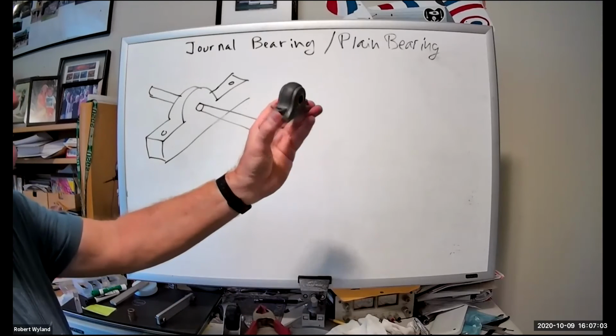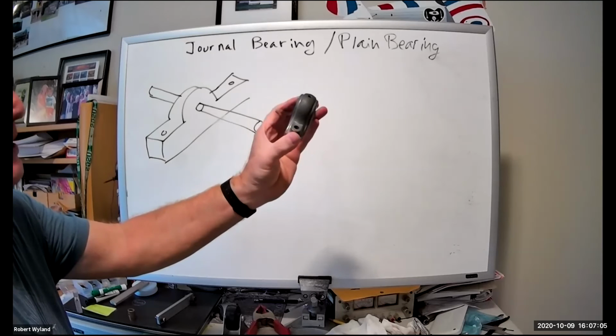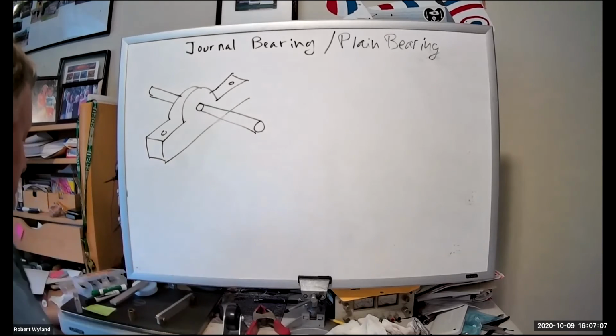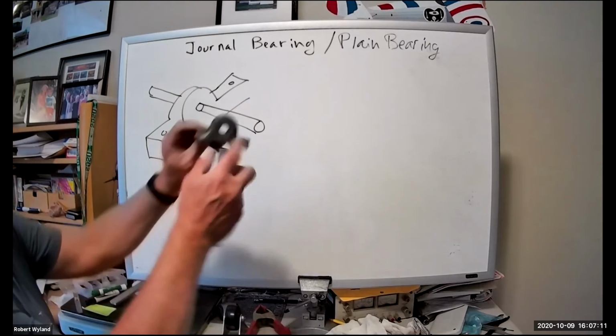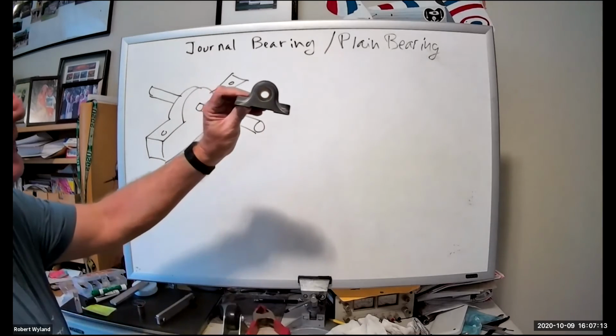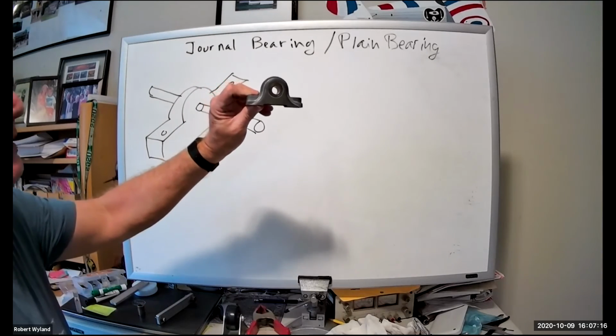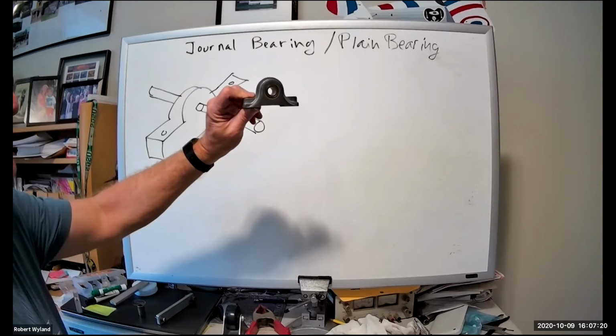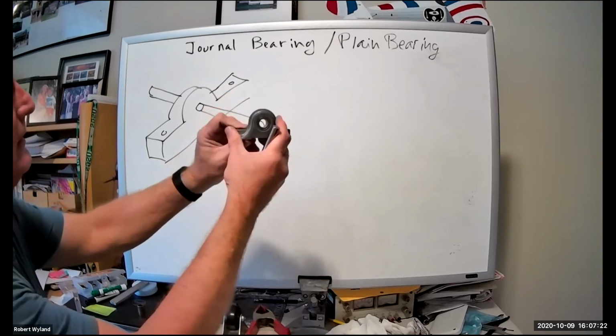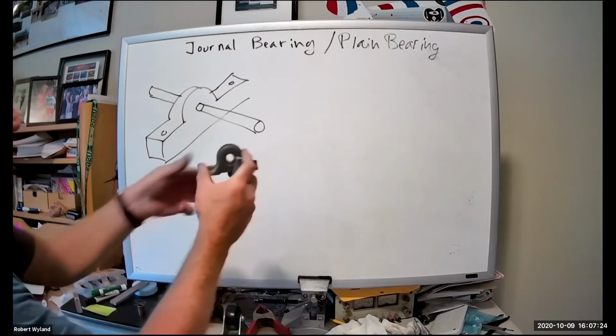But it's just a plane. They call this a journal bearing. This is a plane bearing. And often, this alone is often called a bearing. This particular structure around it is often called a pillow block. So this is a journal or a plane bearing inside of a pillow block. So not to get too confusing.